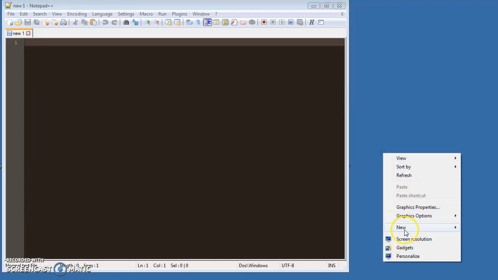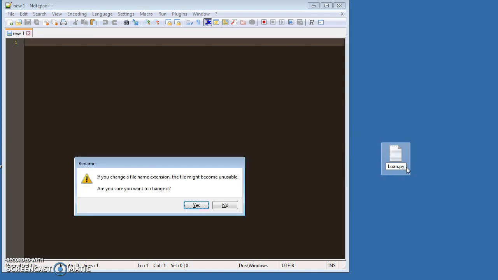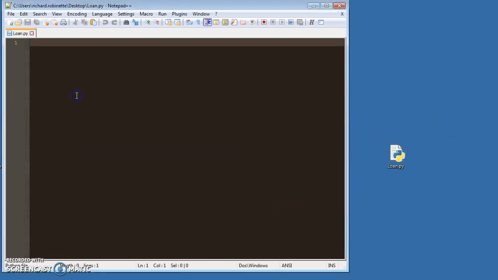So on the loan, if we want to create a new file, loan, some of us have some confused ideas about what the loan's actually supposed to be. So basically you have your user inputs here.